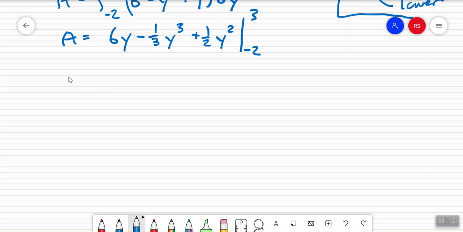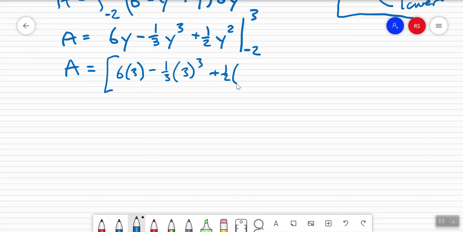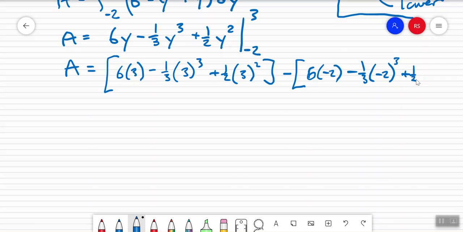So, area is going to be equal to 6 times 3 minus 1/3 times 3 cubed plus 1/2 times 3 squared, minus 6 times negative 2 minus 1/3 times negative 2 cubed, plus 1/2 times negative 2 squared.